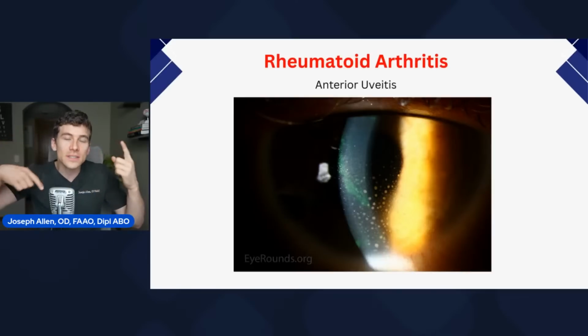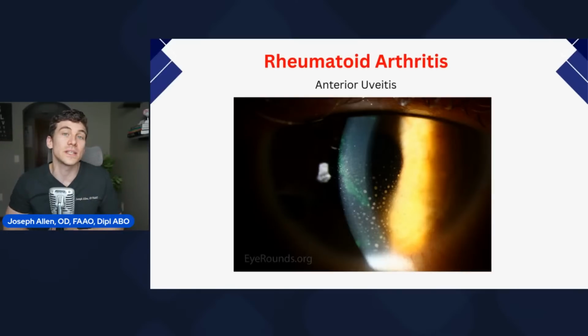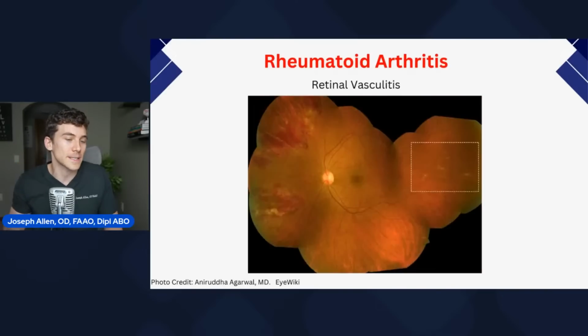We can see these white blood cells spinning and floating in the fluid inside the eye called the aqueous humor. And this is telling us that there's a breakdown of what's called the blood aqueous barrier, and the white blood cells are leaking into the eye. But again, arthritis is a big one. So if you ever have an anterior uveitis, your doctor will likely order blood work to make sure you don't have arthritis.